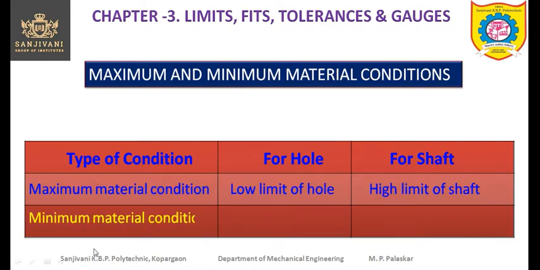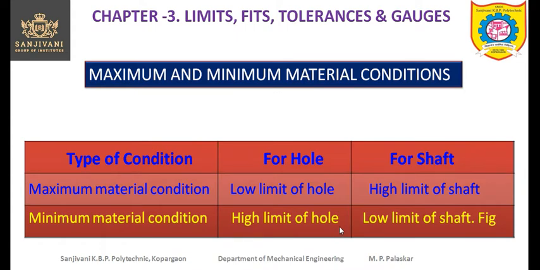Now what is minimum material condition? When the size of the hole is maximum, high limit of hole, and the size of the shaft is minimum, low limit of the shaft, then the material is minimum. So that is called the minimum material condition. Please neglect this word figure. So minimum material condition will be there when the hole is the largest one and the shaft is the smallest one.